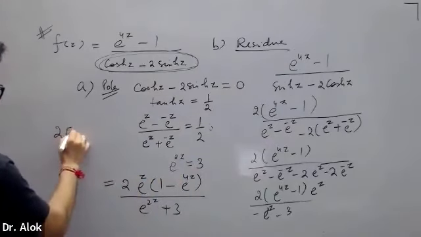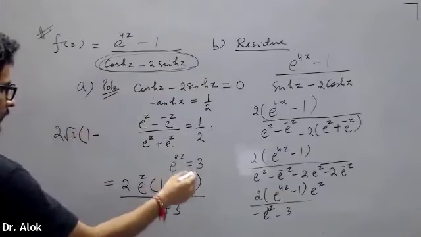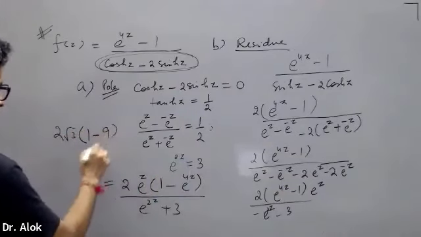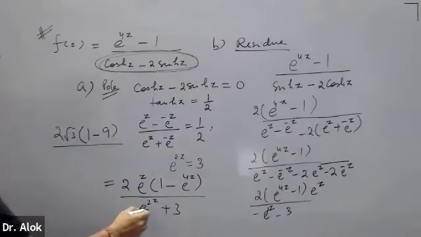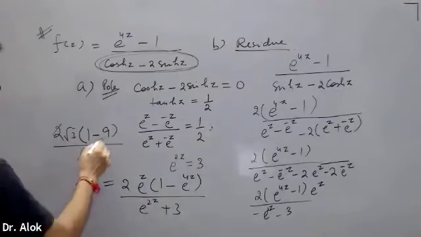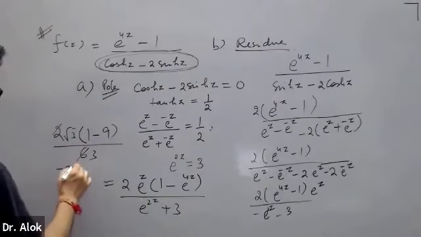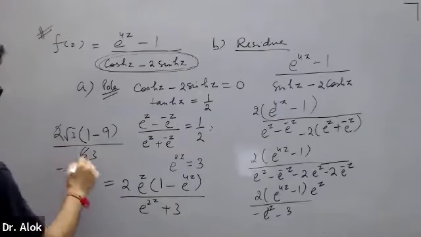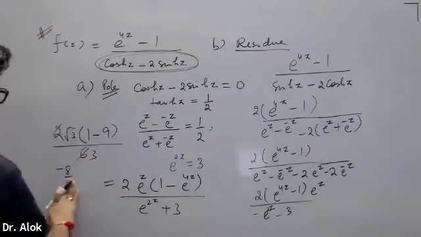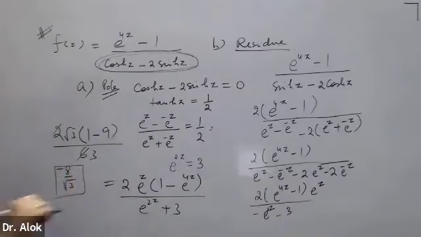So 2 root 3, and 1 minus e to the power 4z will be 9 upon this will be 3, 6. So 2 3 is 6, and this will become minus 8 by 3, and root 3 by 3. So minus 8 by root 3. So this is the answer.